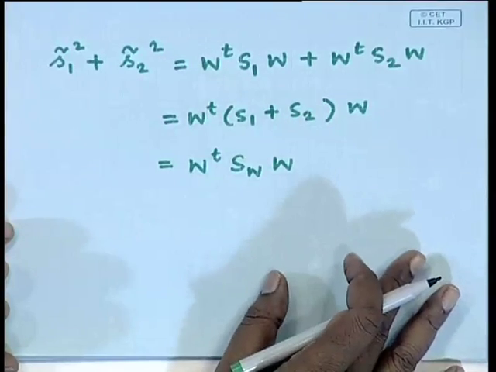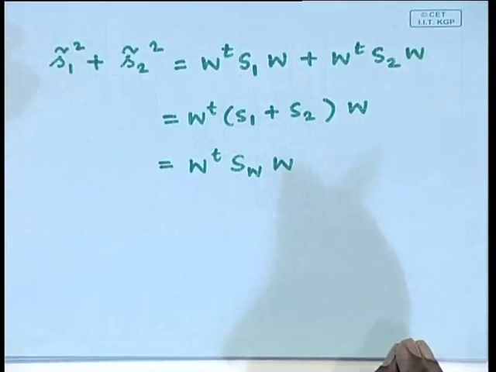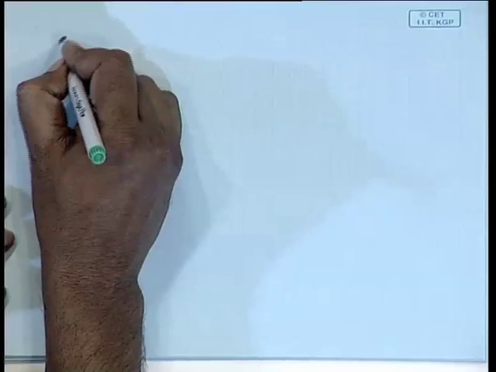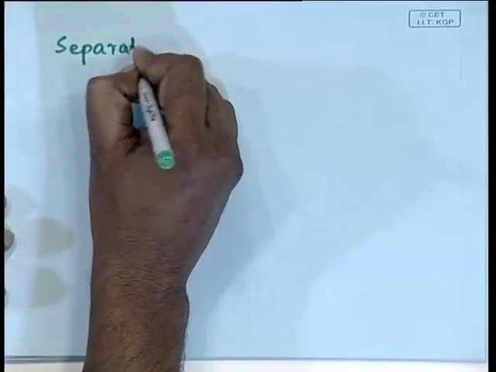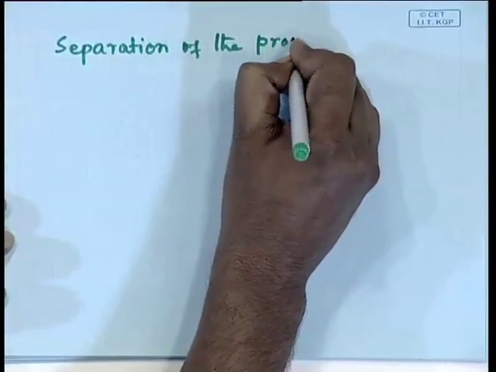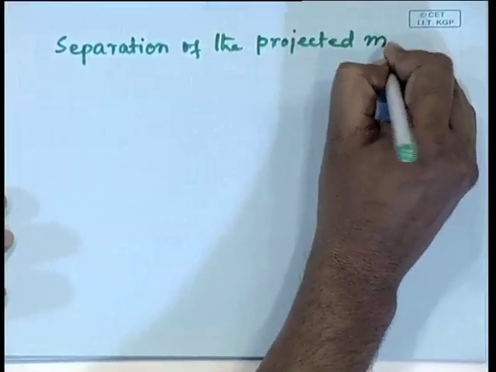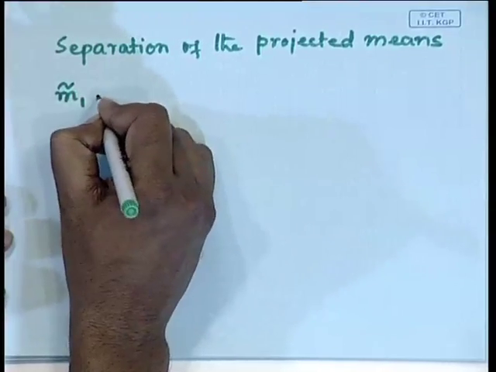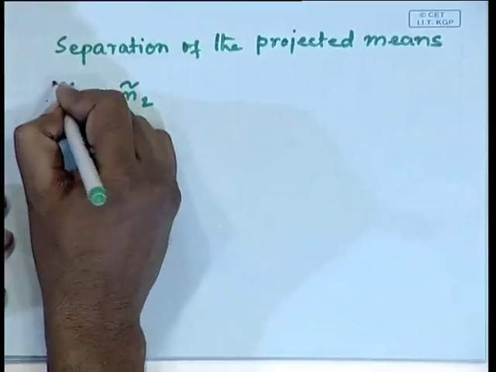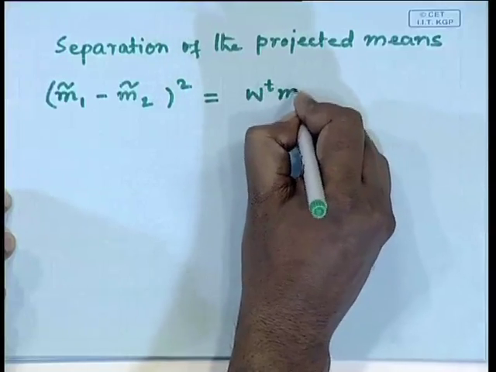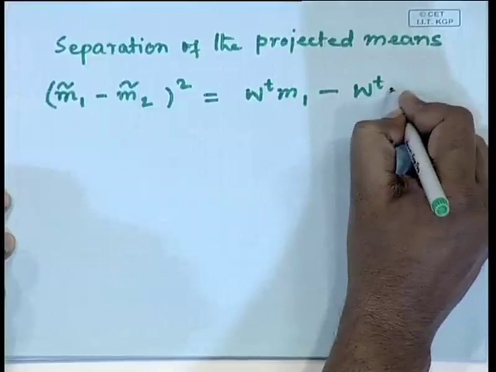In the same manner, let us compute the difference between the two means, or the separation of the projected means, which is (m_1 tilde minus m_2 tilde) square, where m_1 tilde is nothing but W transpose m_1 and m_2 tilde is nothing but W transpose m_2.